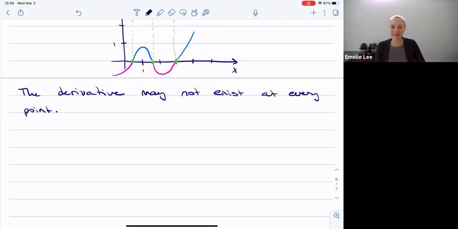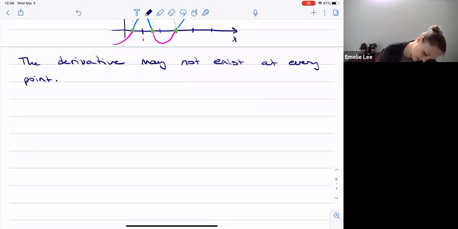So some common things that might make f of x not differentiable, and what I will highlight here is that differentiating and taking the derivative, or finding the derivative, they're the same thing. So we use those two words synonymously.